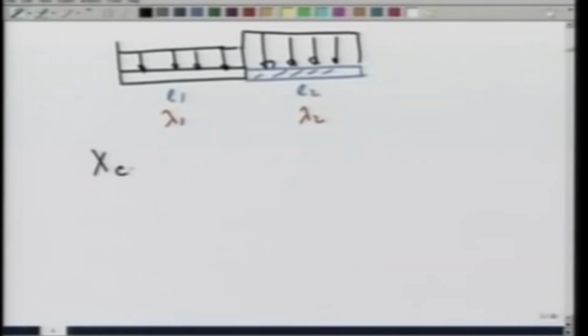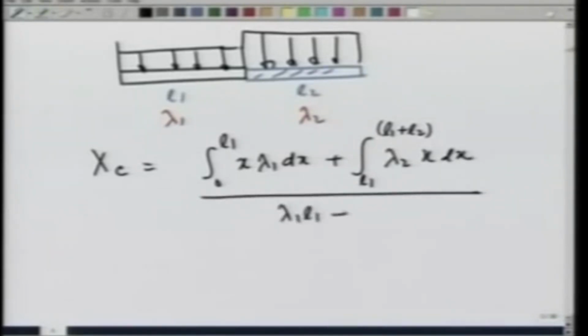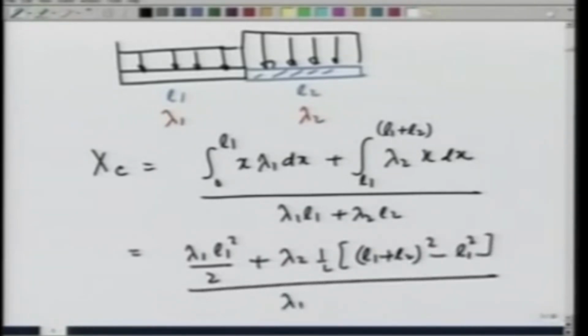The center of gravity is the integral from 0 to L1 of x lambda 1 dx plus the integral from L1 to L1 plus L2 of lambda 2 x dx, g we have already cancelled, over lambda 1 L1 plus lambda 2 L2, and this comes out to be lambda 1 L1 square divided by 2 plus lambda 2 times 1 over 2 of L1 plus L2 whole square minus L1 square, divided by lambda 1 L1 plus lambda 2 L2.